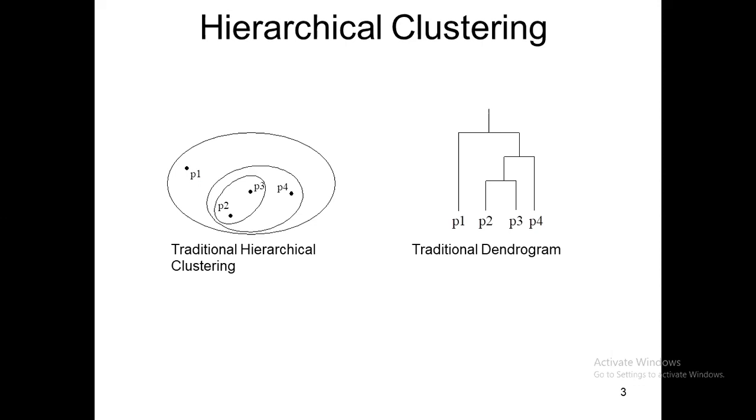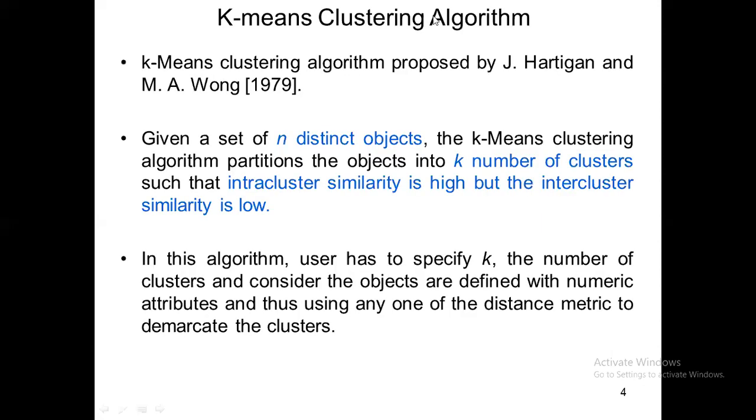And then we switch to another point, now k-means clustering. So we also know that the k-means clustering algorithm was proposed by J. Hartigan and M. A. Wong, in 1979.